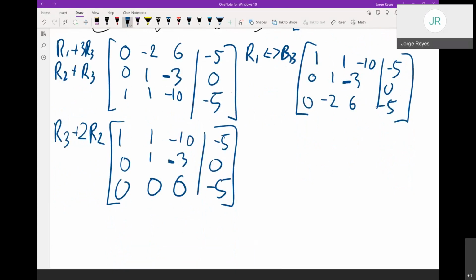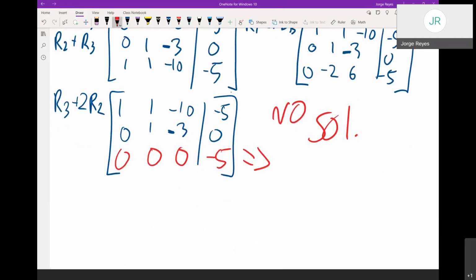And this is the magic. When you see something like this, you know you have no solution. Why? Because if I translate this back into a system, you can just see it right away.